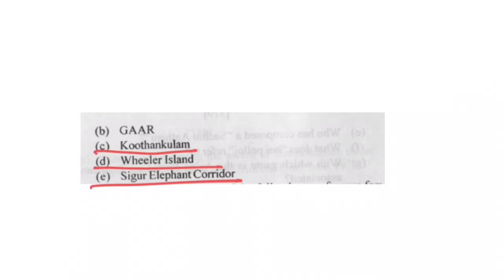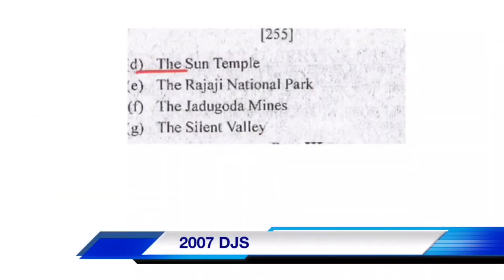Now I want you to remember these because we will be discussing this in this video. Remember Wheeler Island because I'll give you a nice example to see how you do places better. Wheeler Island was asked in 2011. Then this is 2007. Deva Sun Temple, Jadugoda Mines, Rajaji National Park, again 2007.